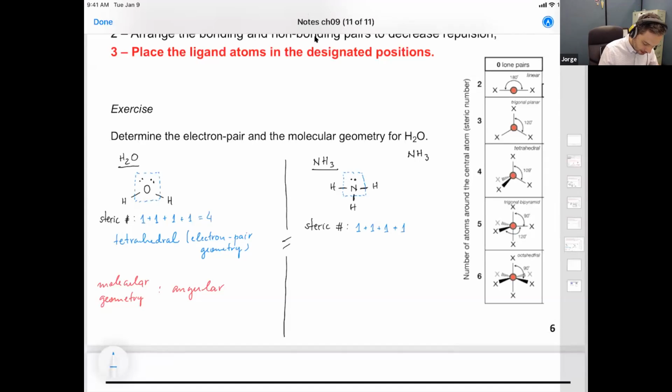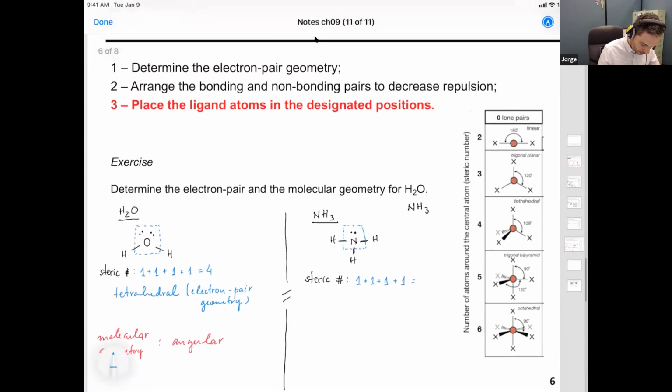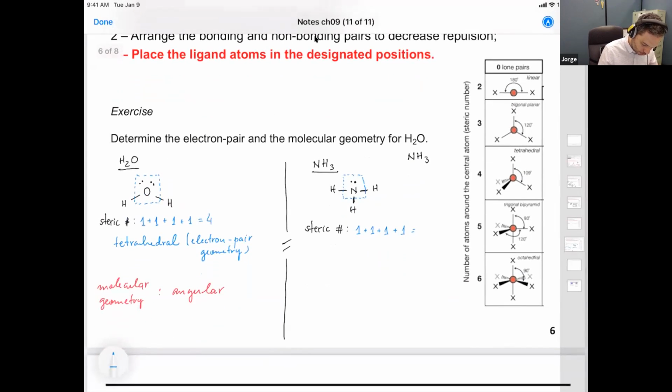So therefore, again, we have here steric number equals 4. Again, steric number equals 4. We have the same situation as the oxygen in the water molecule.